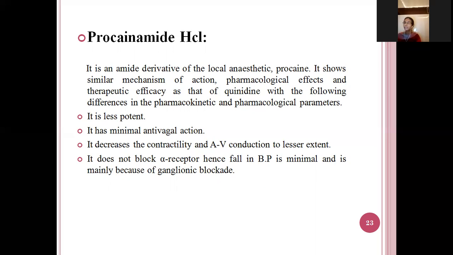It is less potent with minimal antivagal action, and it decreases the contractility and AV conduction to a lesser extent. It does not block the alpha receptors, so the blood pressure will fall minimally, mainly because of ganglionic blockage.